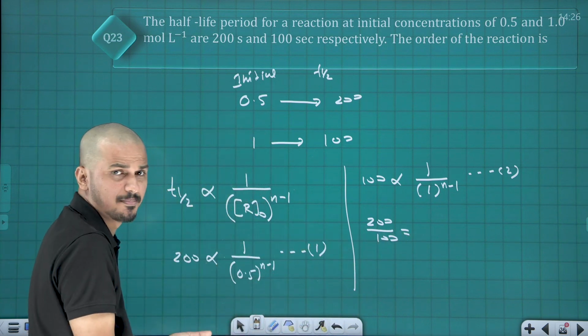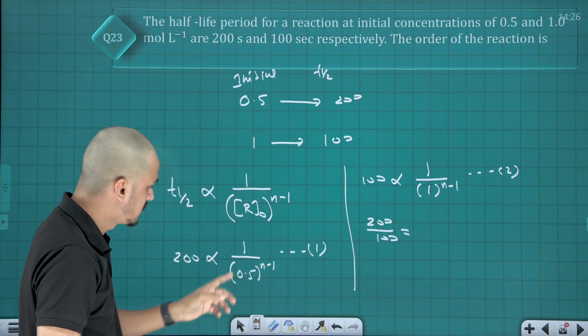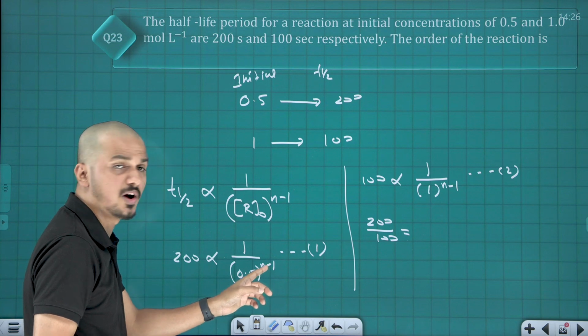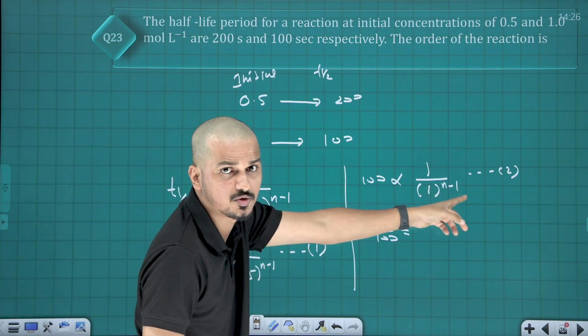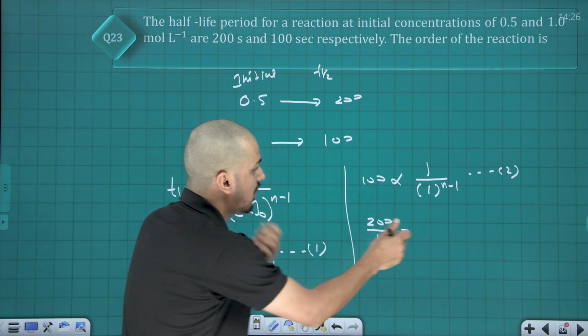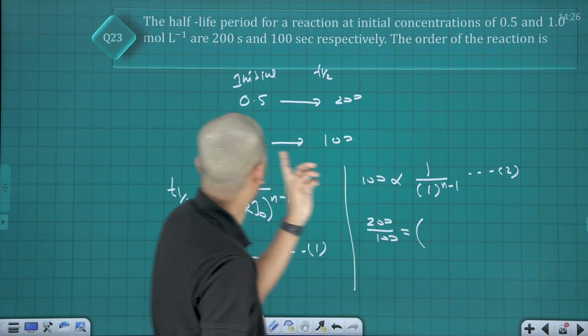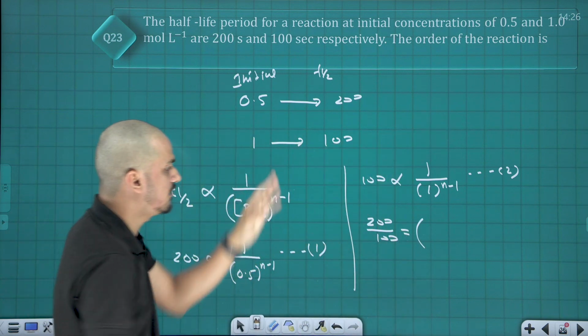I'm doing it step by step. 200 by 100 equals 0.5 raised to n minus 1 over 1 raised to n minus 1. Along with 100, 1 is there, so that will go to the top.